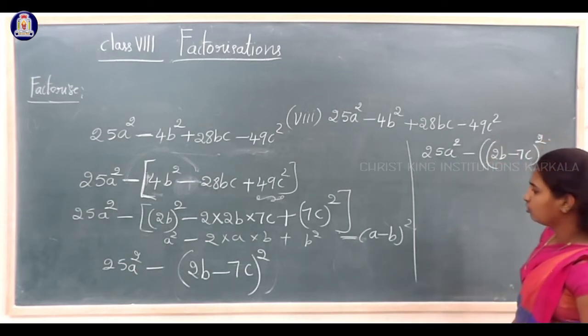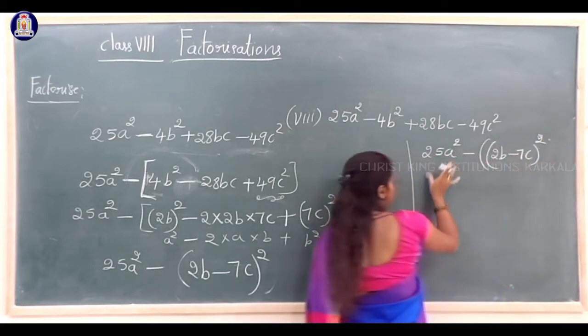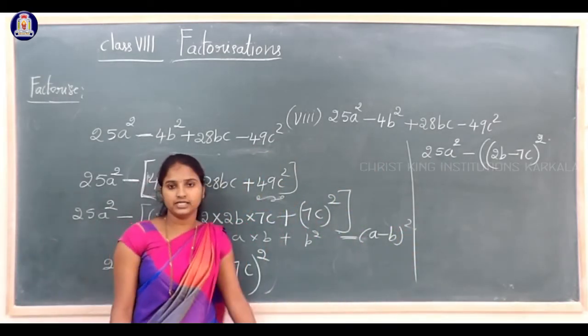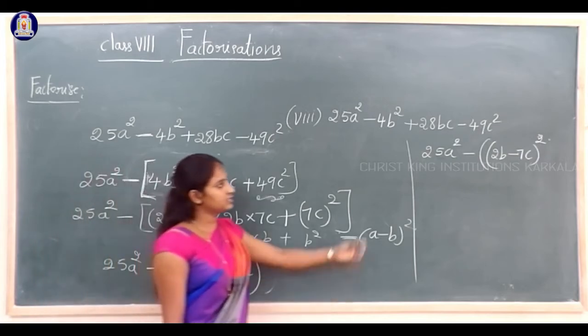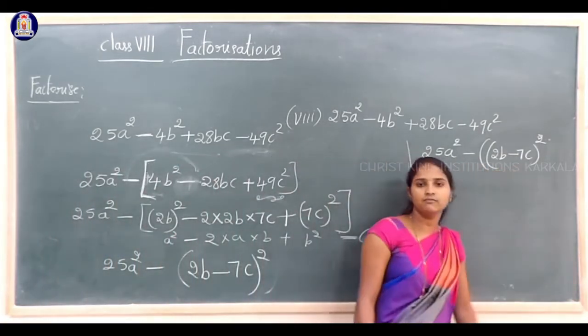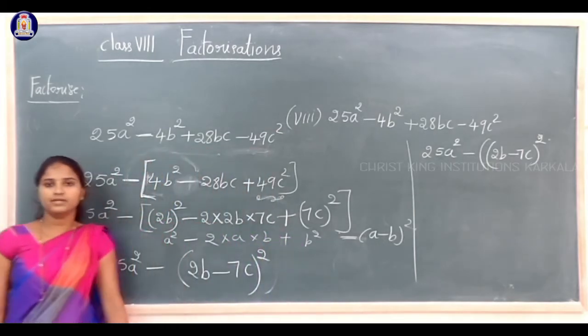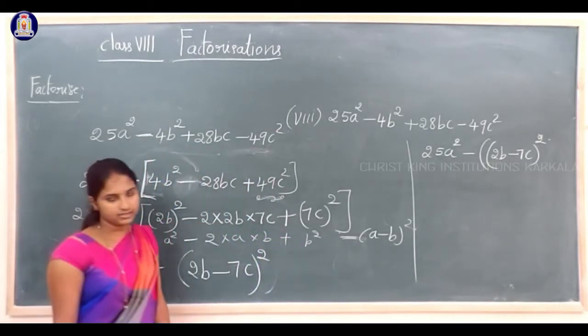Okay, this is a whole square, so this is one term and 25a square is another term. So you can use the third identity, that is a square minus b square, which means a plus b into a minus b.